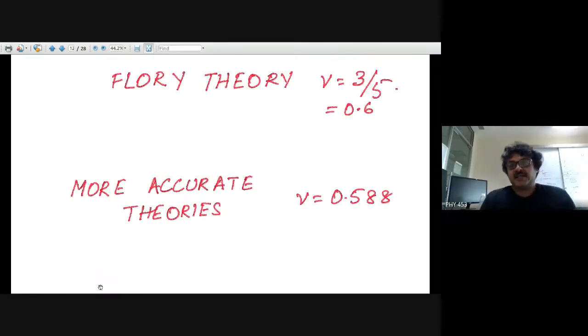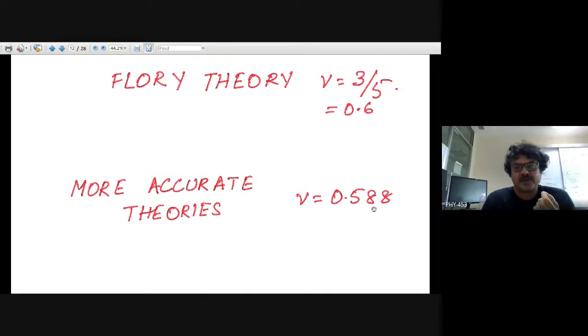And the last thing I want to mention in this part is, in the Flory theory, we get nu equal to 3/5, which is equal to 0.6. But there are various more accurate theories where nu can be calculated as 0.588, I mean, 0.588 or 0.59.